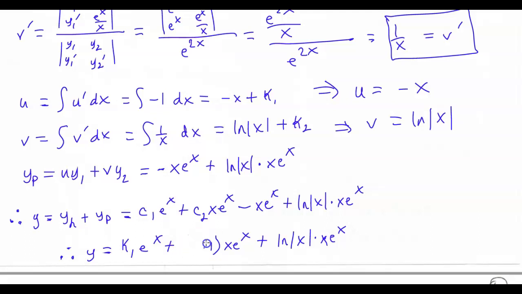And we'll just specify that at the end. So here we'll allow this to be a k2, where k1 is c1, and our k2 is c2 minus 1.